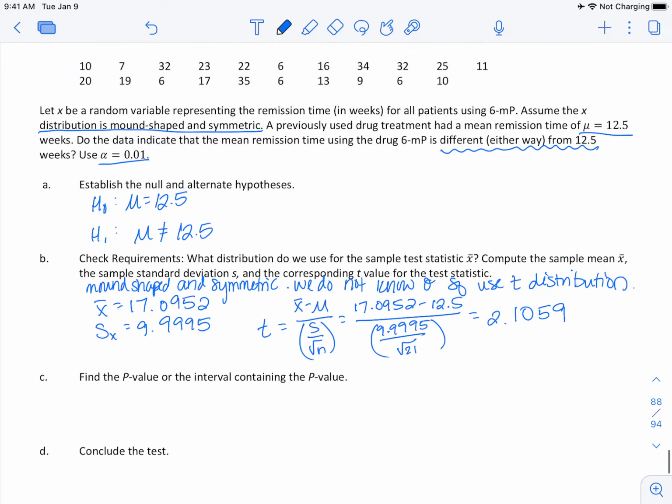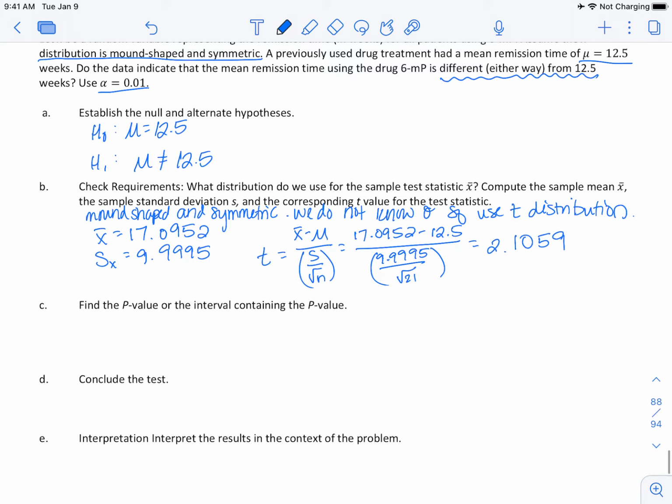All right, next we have to find the p-value. Remember in this case, it's a two-tailed test because we're looking at not equal to. So we're going to do 2 times the probability that our t is greater than 2.1059.